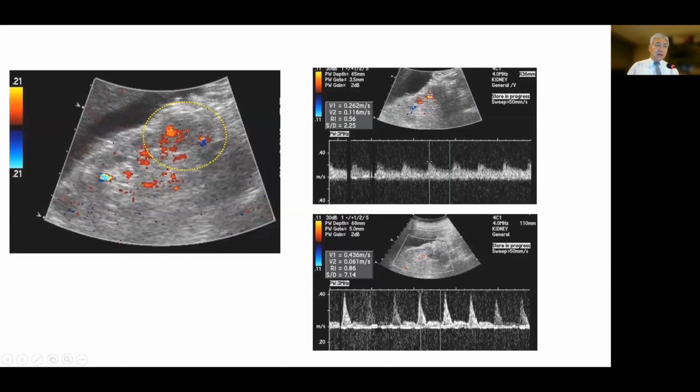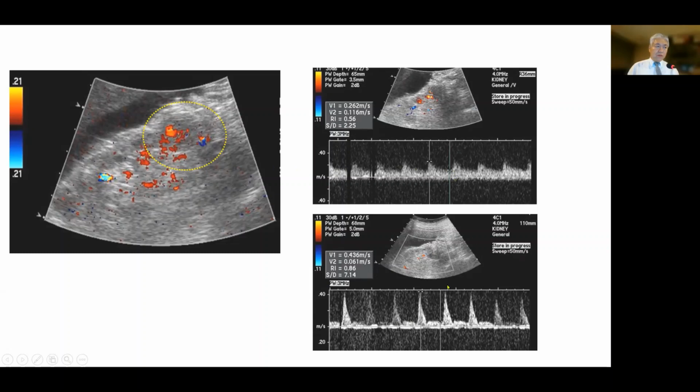Here's a mass-like lesion with slight hypervascularity in a CKD patient, and this upper spectral Doppler is from the mass-like lesion, and the lower spectral Doppler with a high resistant pattern is from the renal parenchyma.